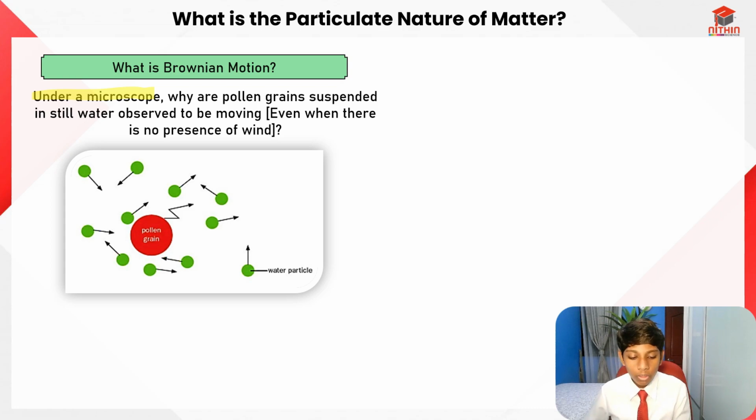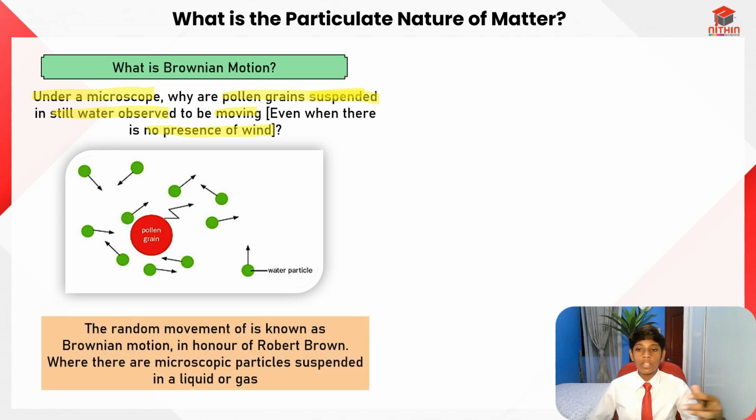Why are the pollen grains suspended in still water observed to be moving even when there's no presence of wind? Basically the same concept applies from the dust particles. The water particles collide with the pollen grain, and the pollen grain also collides with the water particles. So I hope you understood that.